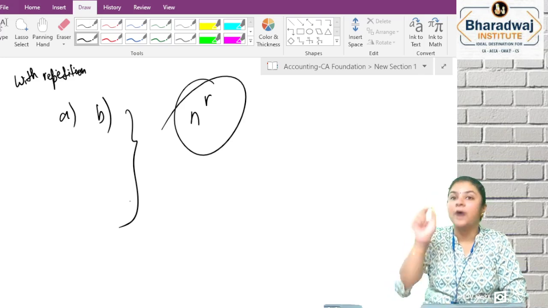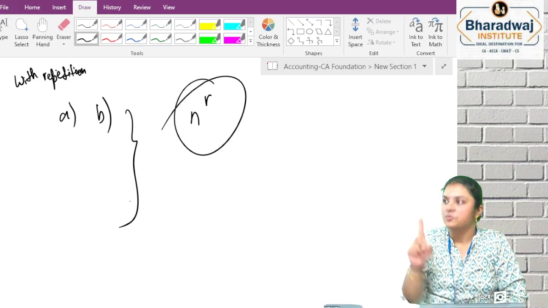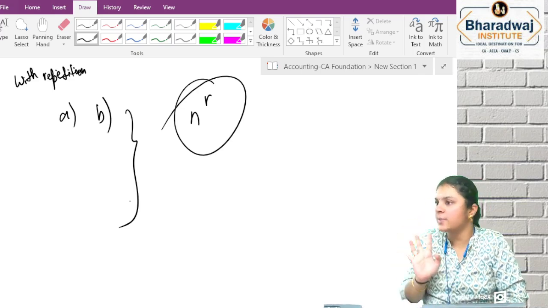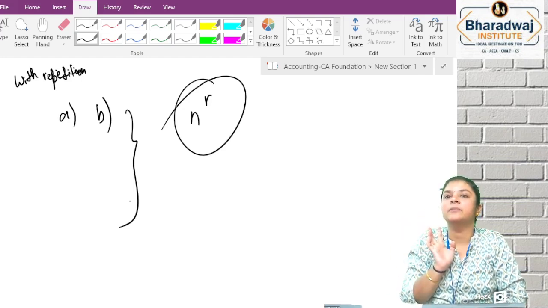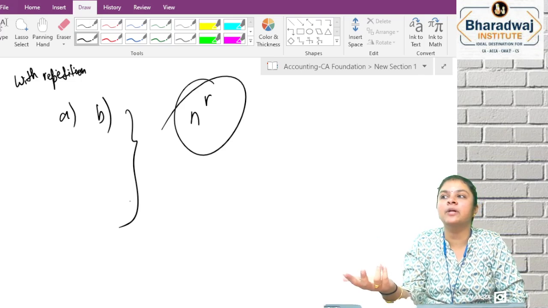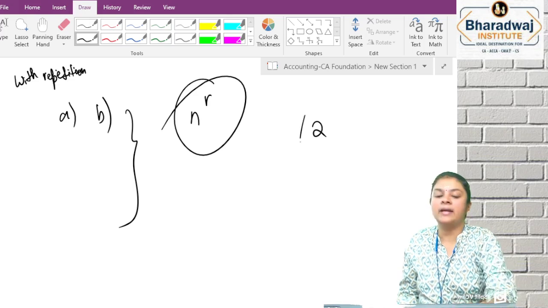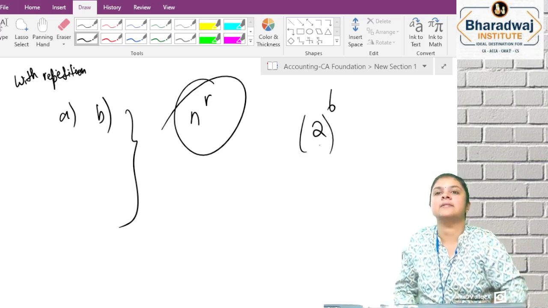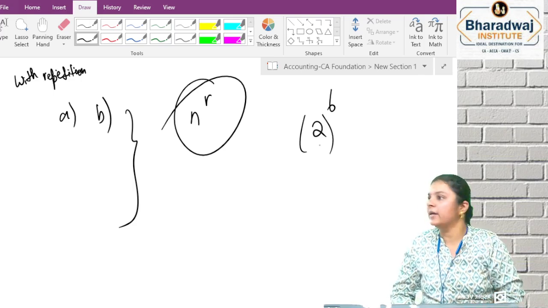The number of outcomes per item is n. You are answering 6 questions. For one question, what is the number of outcomes? 2. So n will become 2 and r will become 6. So do not write it as 6 square.